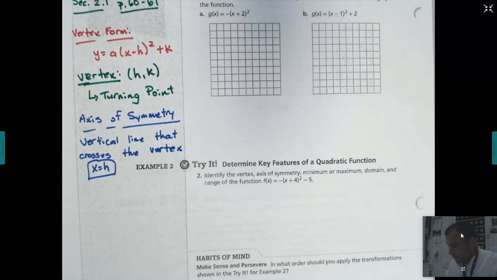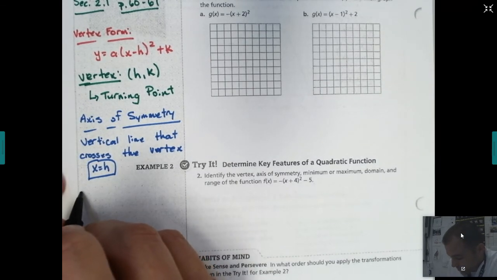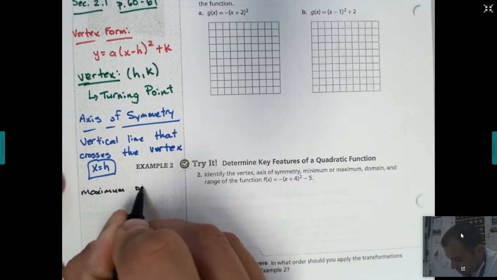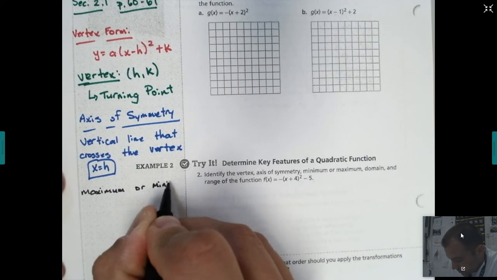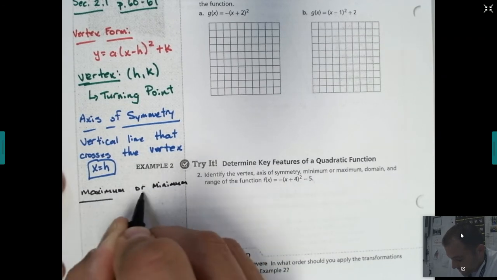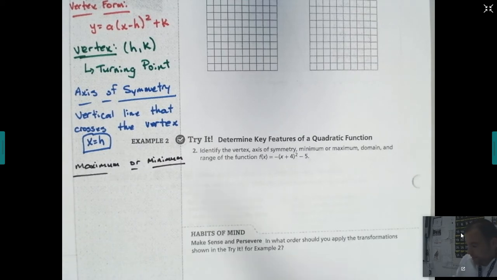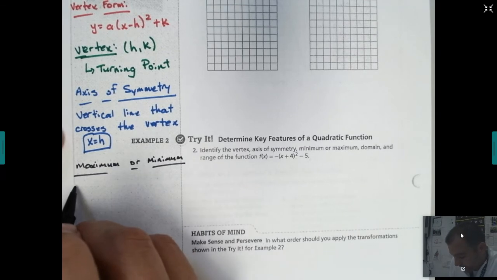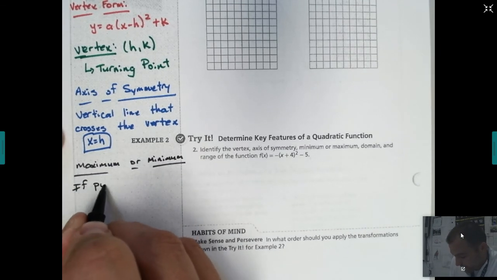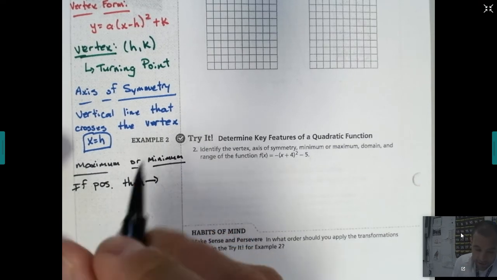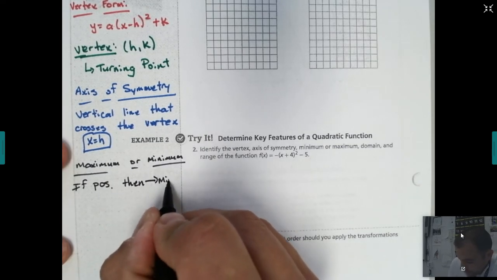And then the last thing that you can get from these quadratics is what we call a maximum or a minimum. You either have a high point or you have a low point. If the equation is positive, then you have a minimum.